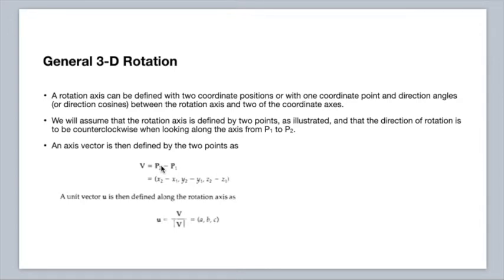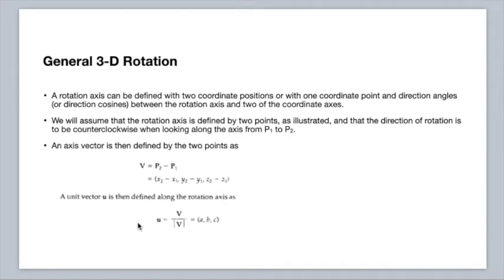From this the unit vector u is defined along the rotation axis as v by magnitude of v. So the unit vector defines the direction of the rotation axis, and it is represented as a comma b comma c.